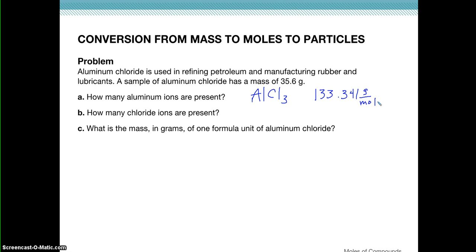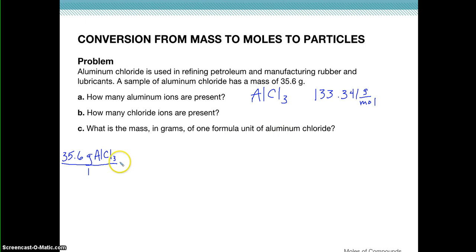All right, so let's look at our first question. It says, how many aluminum ions are present? So again, we always start with what we know, which is the mass of aluminum chloride. So we're going to start with 35.6 grams of aluminum chloride. Looking at your flow chart directly above this problem, we can get from mass to moles, right?